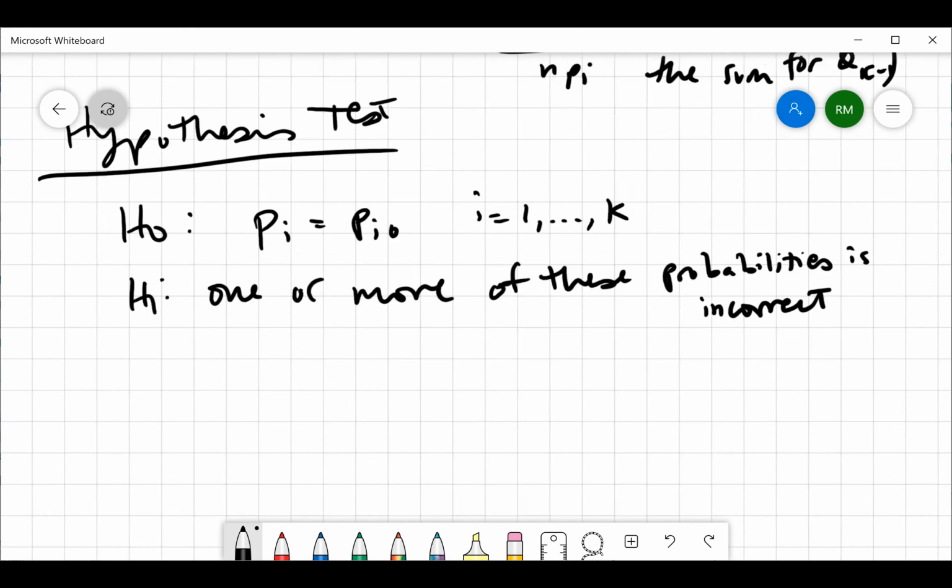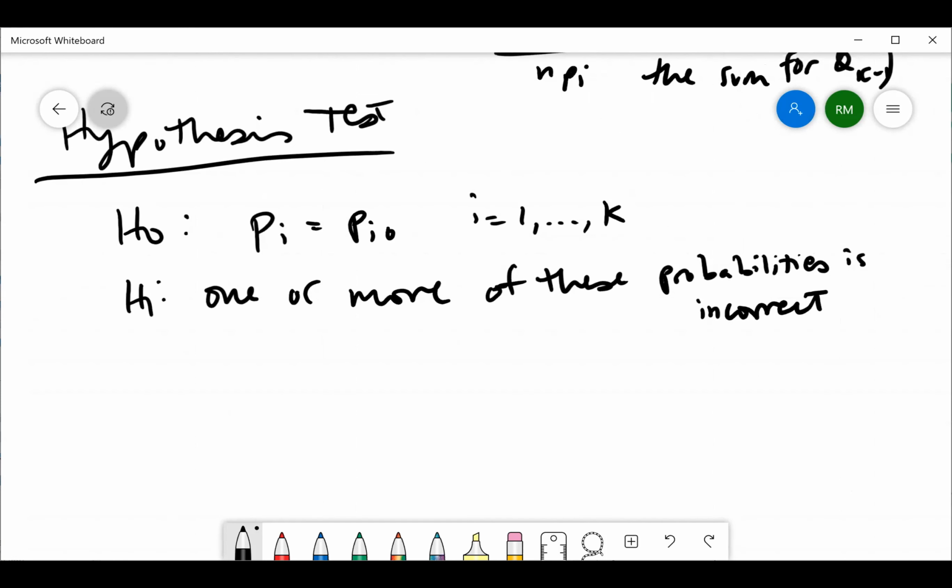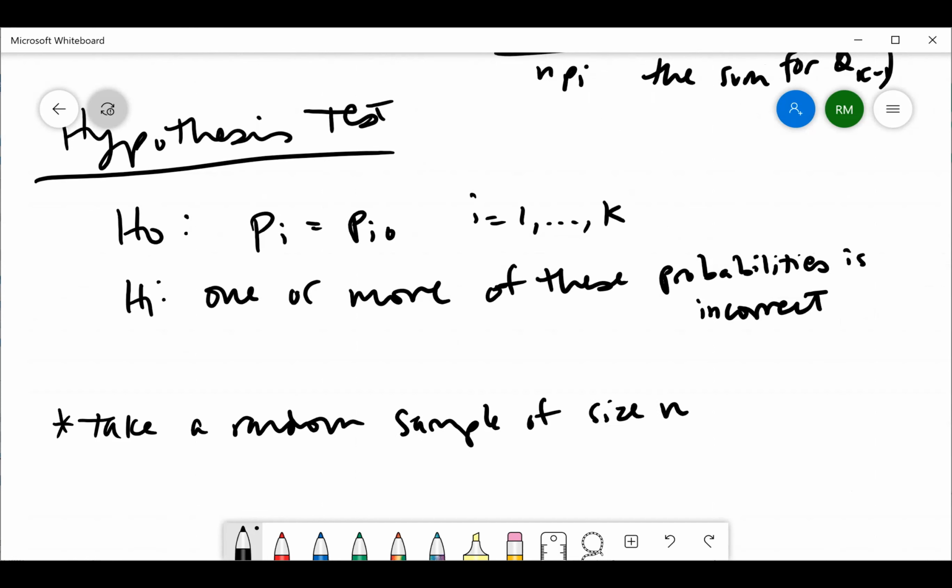So you see that the alternative hypothesis is very multi-sided. So in order to do this hypothesis test, we take a random sample of size n, and we're going to record the number of times that Ai occurs.